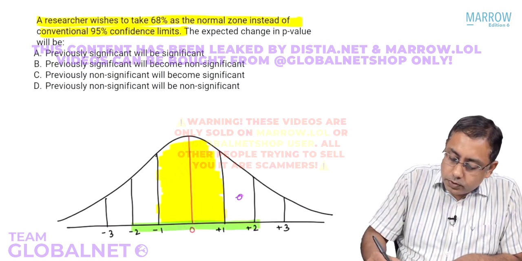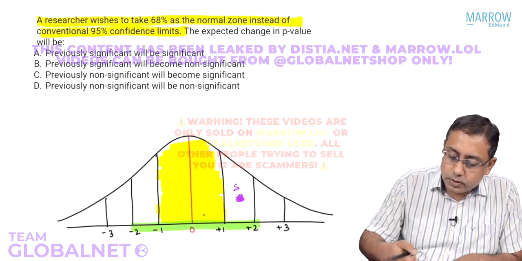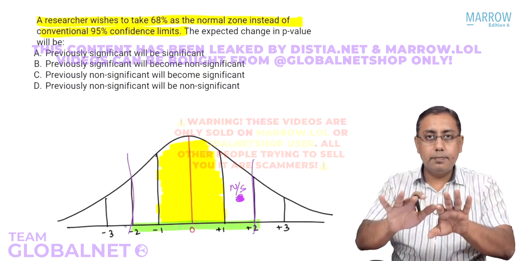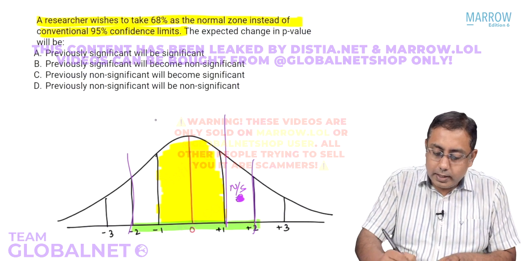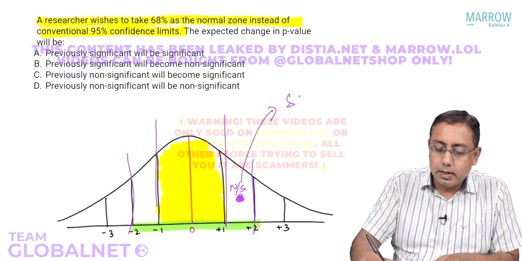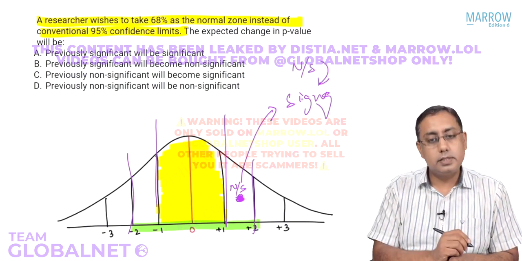So the p-value which was lying here previously was a non-significant p-value. Why? Because it was within the normal zone. Now because you decrease the confidence interval, what is happening to this p-value? This will become significant. So the previously non-significant will now become significant.